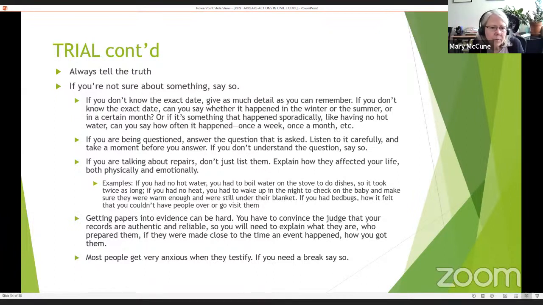If you're trying to say when something happened and you don't know the exact date, just say so. I don't remember the exact date, but then give as much detail as you can. So maybe you can say it happened in the winter of 2016. I remember because that's when my kid turned 4, and it was right around the time of her birthday, and she was born in February, or it happened in the summer, or maybe the month, even if you don't know the day.